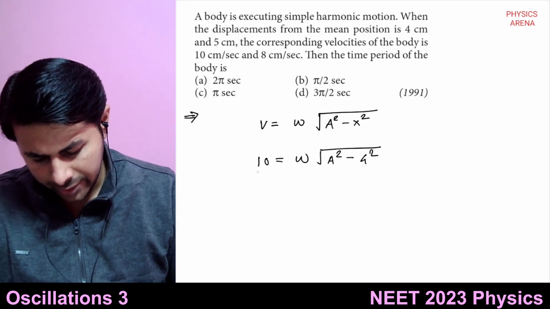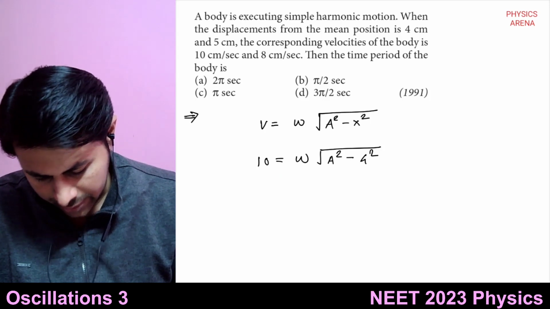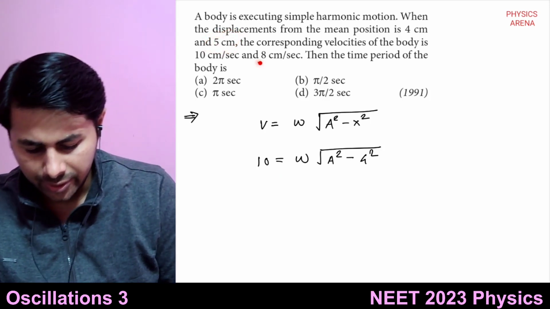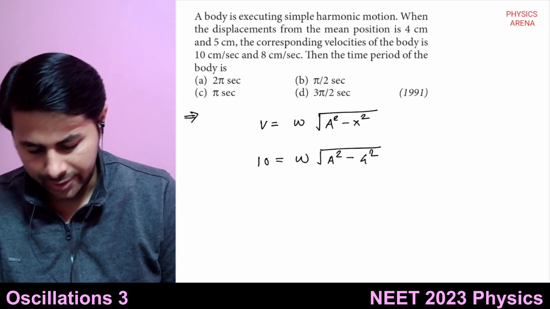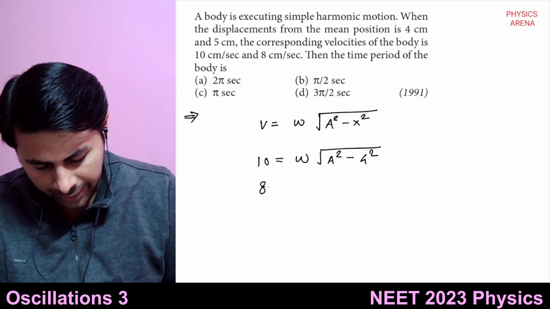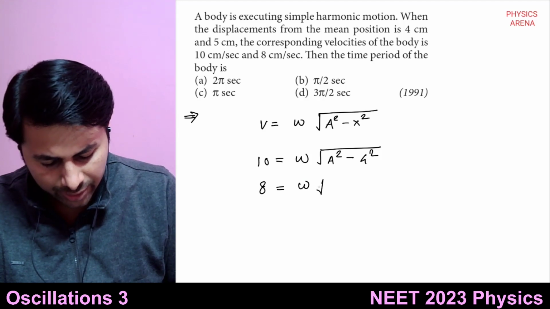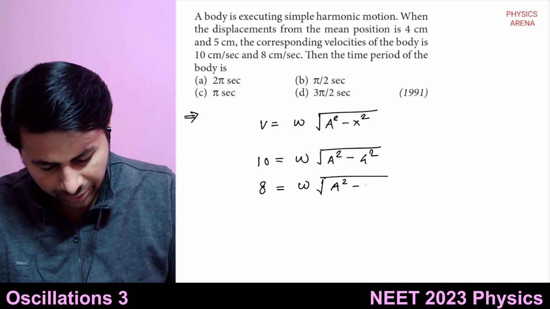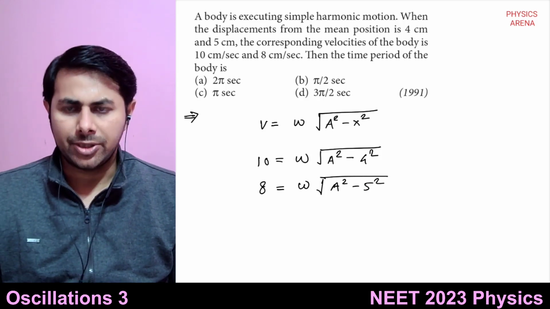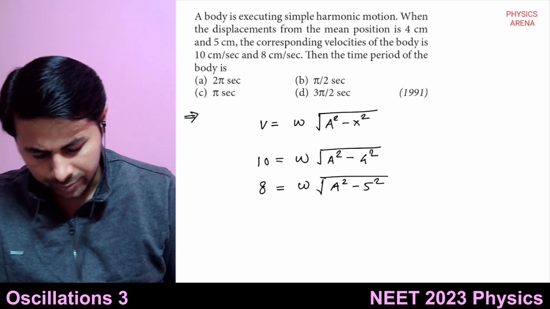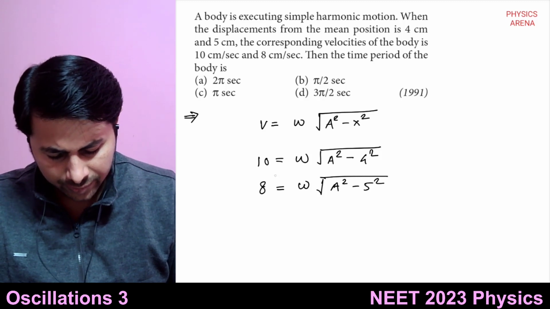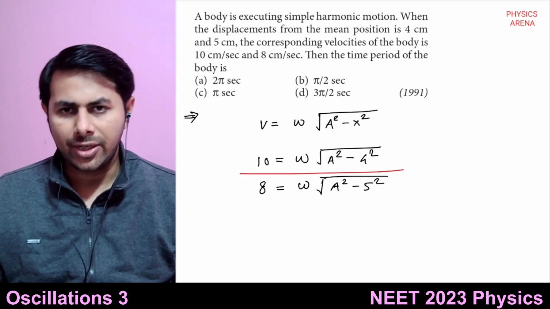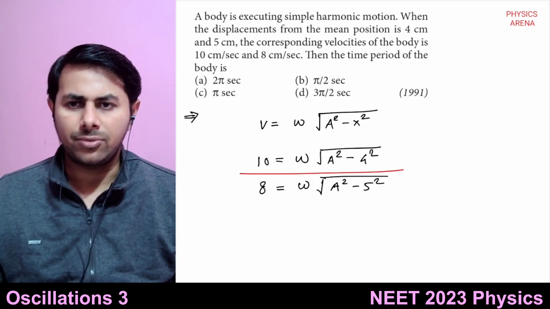And then using the other information, when x is 5, v is 8, right? So 8 is equal to omega square root of a square minus 5 square. We get these two equations. So we can divide these two, cancel out omega, find out a, then substitute a to find out omega.